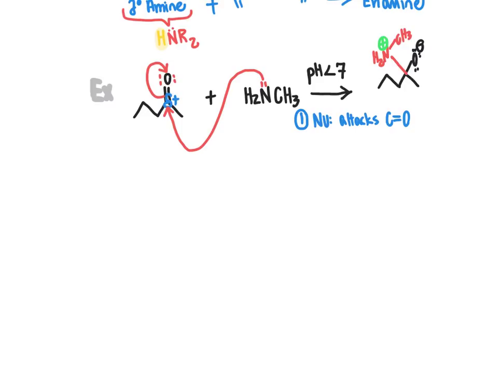And then carrying onward from here, as you might imagine, it's going to be pretty favorable for a proton to be lost from that nitrogen atom so that we can end up with a neutral intermediate, an intermediate with no formal charges on any of the atoms. So in order to accomplish that, we need to do a proton transfer here.